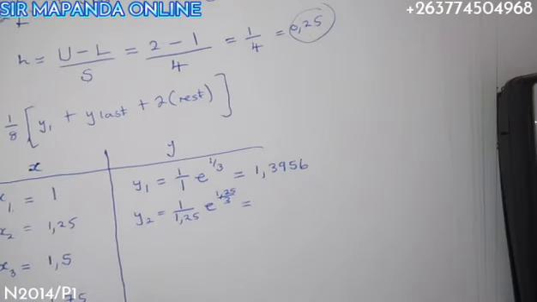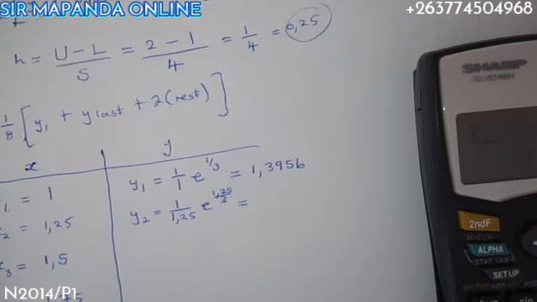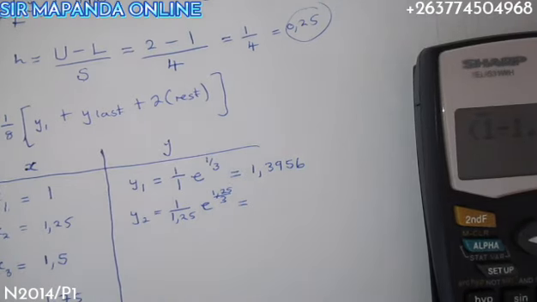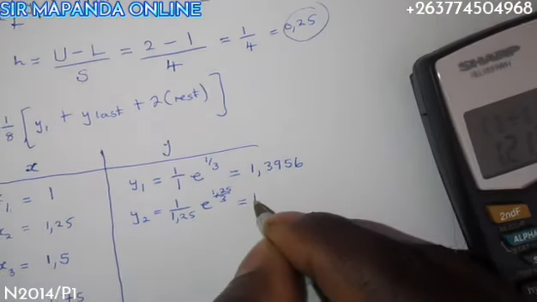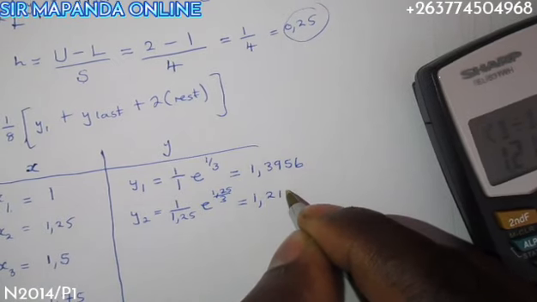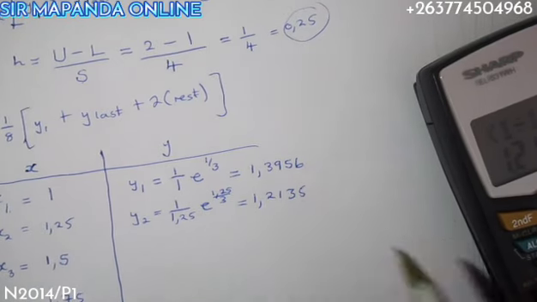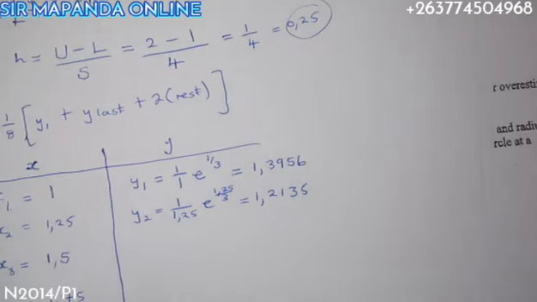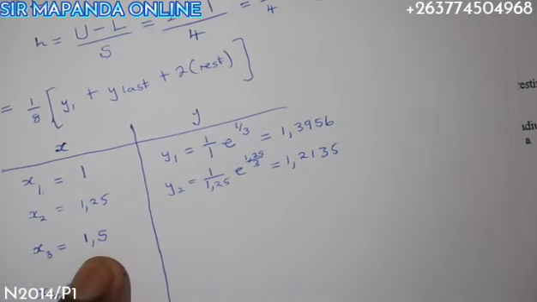So let us punch this in our calculator. 1 divided by 1.25, exponential to the power of 1.25 divided by 3, to 4 decimal places, it gives you 1.2135, something like this.